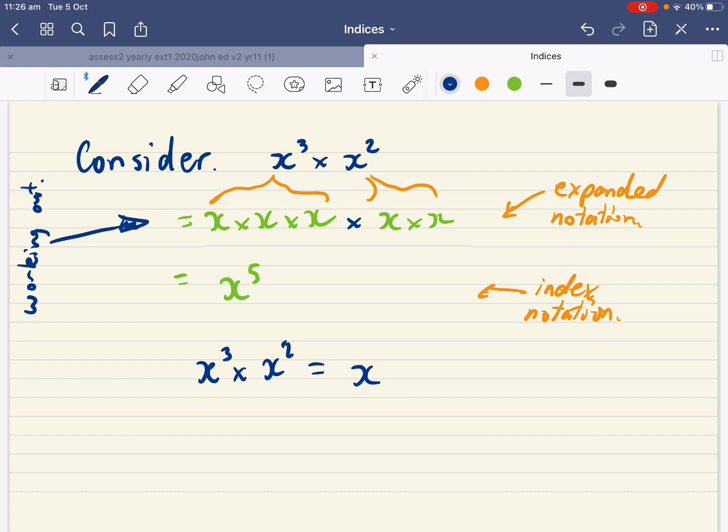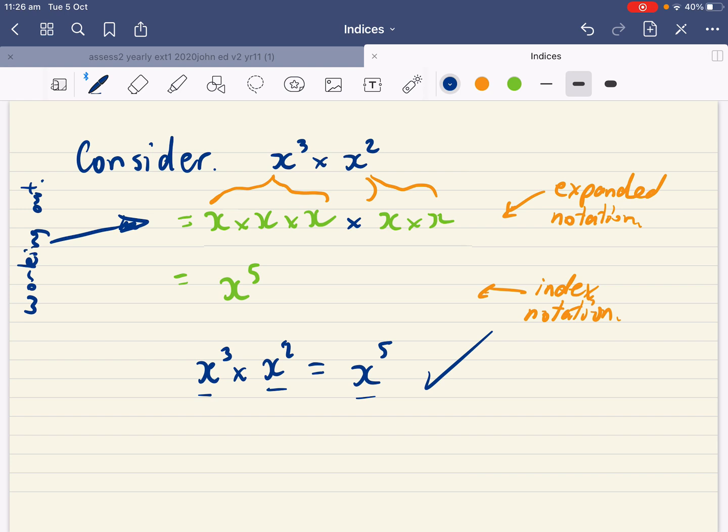If you're multiplying, all you have to do is keep the base the same and add the 2 indices. That's it. So when you're multiplying and the bases are the same already, just keep the base the same, you just add the indices together, and you have your answer. How quick and easy is that?